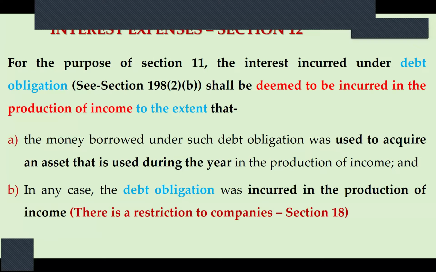But for this purpose, we have a specific restriction for the companies, but for the individuals, the total amount can be deducted without any restriction. So if we are considering a company, that means when we are calculating an individual's tax liability, without any limitation, total interest can be deducted.